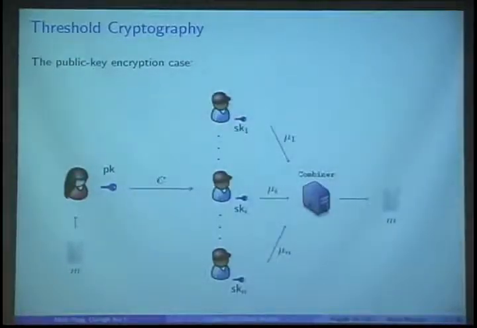This is the working model. The secret key is not in one place, and an attacker needs to really take, let's say, a majority of shareholders in order to break the system, so he has to flip a majority of servers to his side.